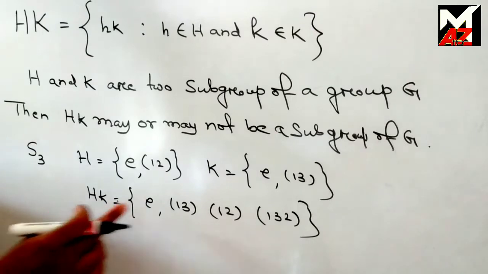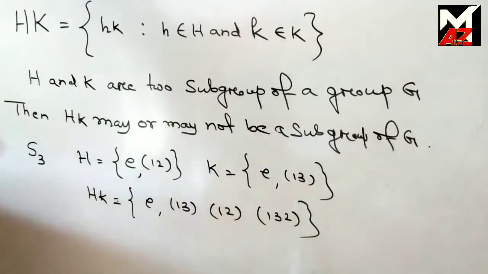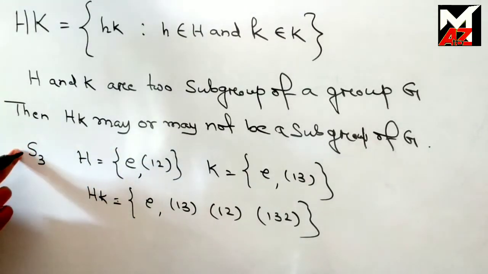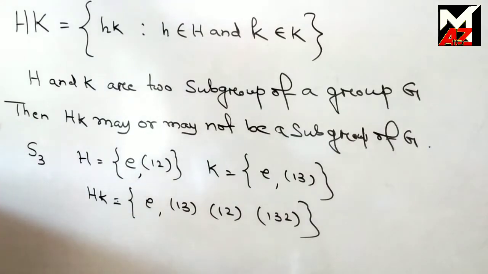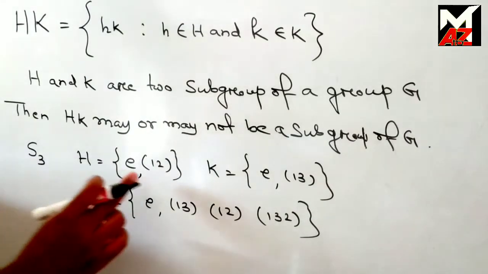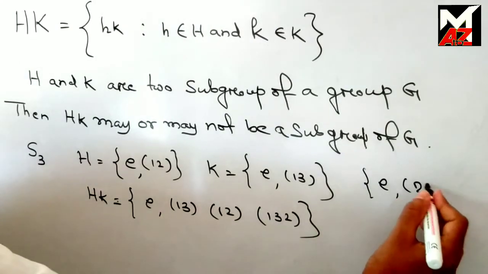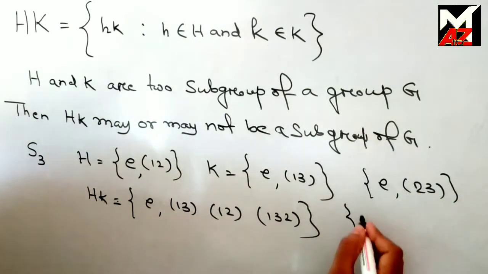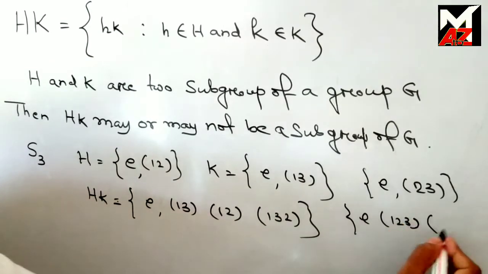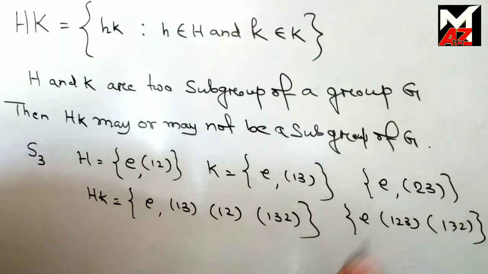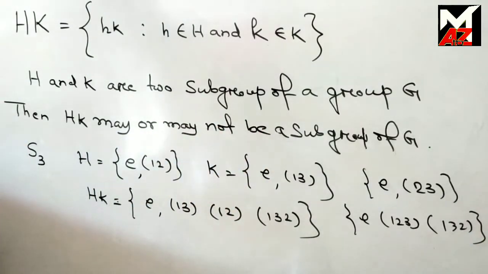And we know that this is not a subgroup of S3 because S3 has 6 subgroups: one is improper, one is trivial, and the other 4 are these. So this is not in the list of all the subgroups of S3, so it is not a subgroup of S3.